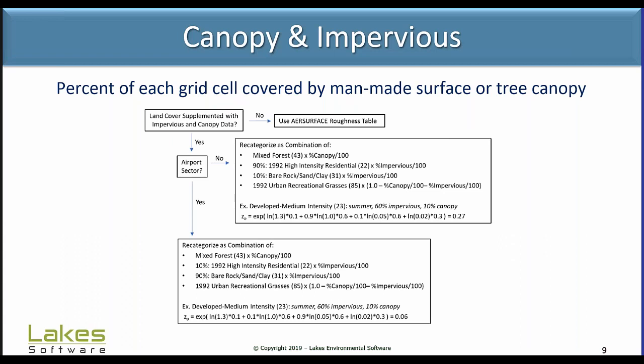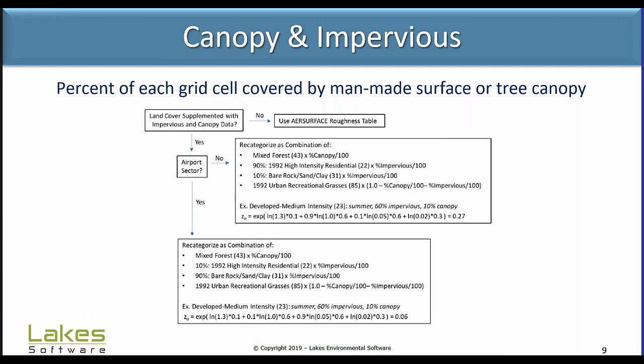It then decides, based on user input, if the sector used for surface roughness calculation is an airport sector or not. If it is, it uses some flatter land use types, such as the old urban recreational grasses values and the bare rock, sand, and clay to determine what is impervious versus high-intensity residential and mixed forest for the canopy.